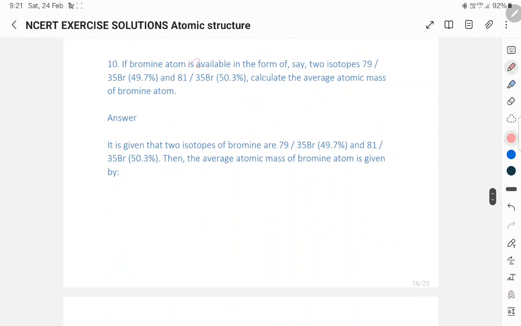So the next question is, if a bromine atom is available in the form of, say, 2 isotopes, right? One is bromine with atomic number 35 and mass number 79, percentage 49.7%, and another bromine with atomic number 35, mass number 81, and the percentage is this one. Calculate the average atomic mass of bromine. It is given that 2 isotopes of bromine are mentioned with percentage.